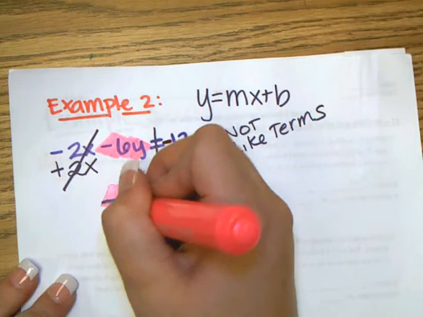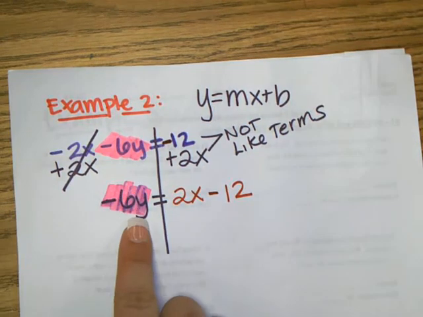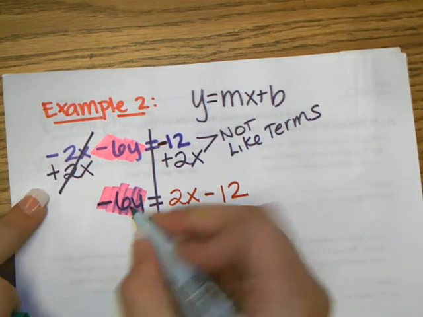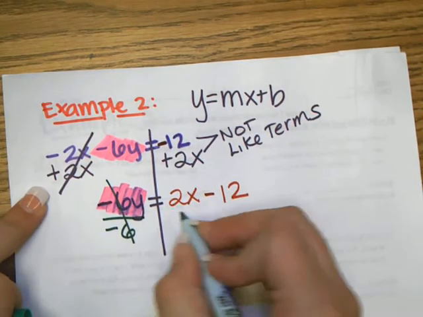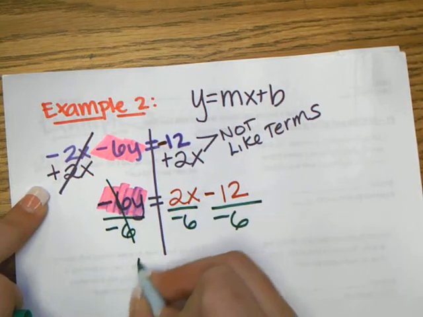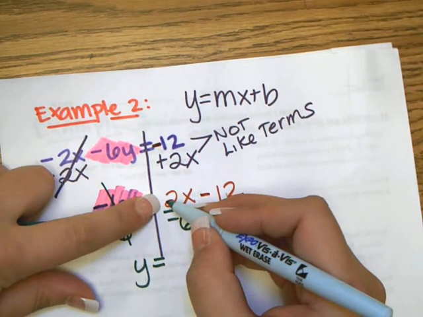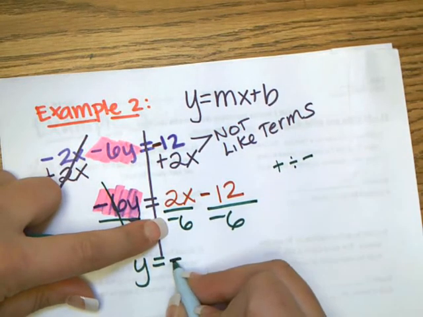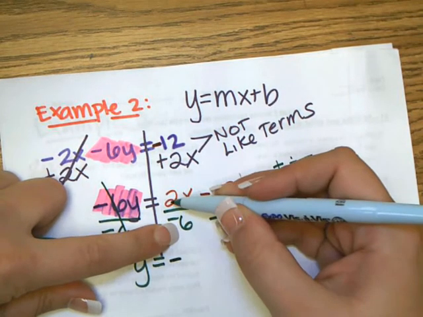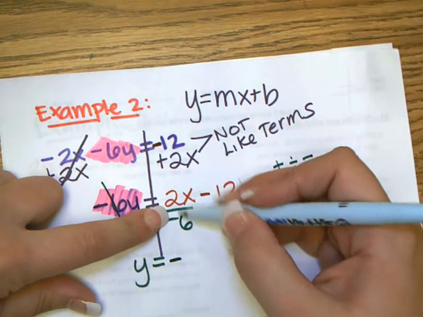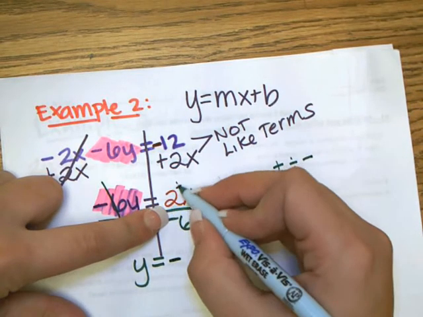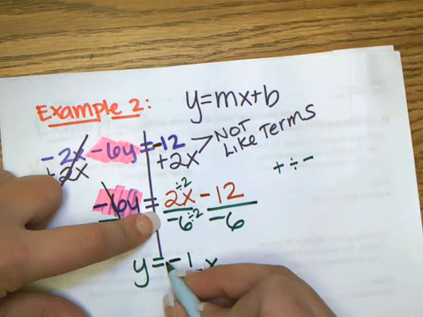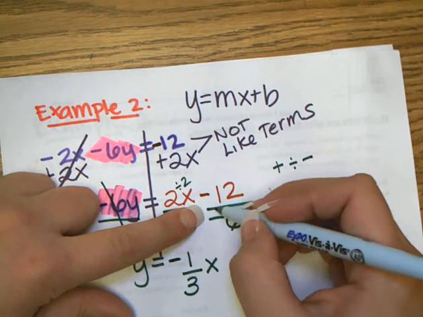Then the very last step to get rid of the number in front of the variable, the coefficient of the y, we're going to divide everything by negative 6. So a positive divided by a negative is a negative. 6 can't go into 2, so we're going to simplify this as 1/3 x, so negative 1/3 x.